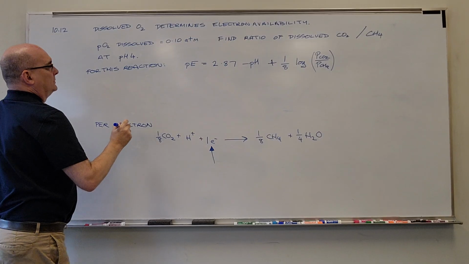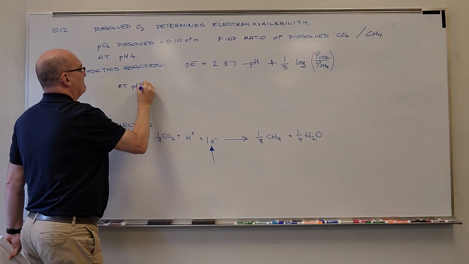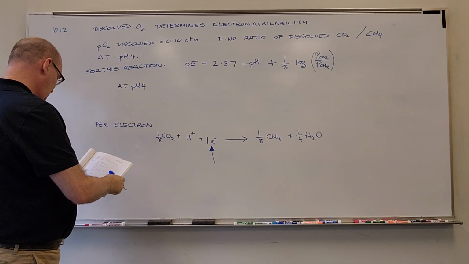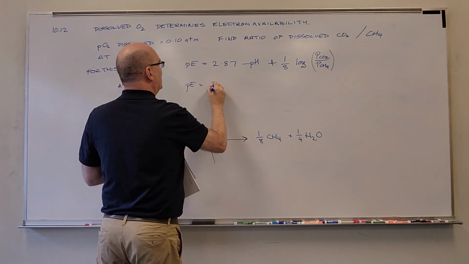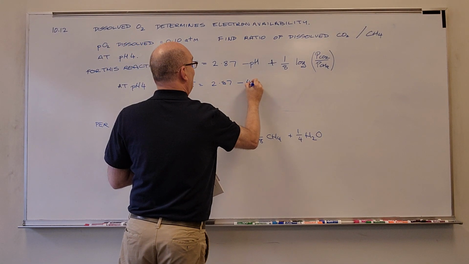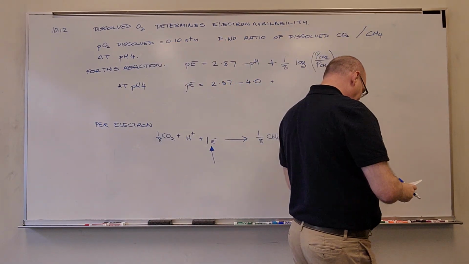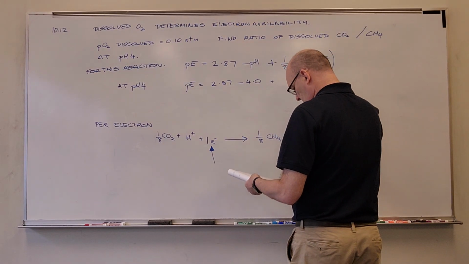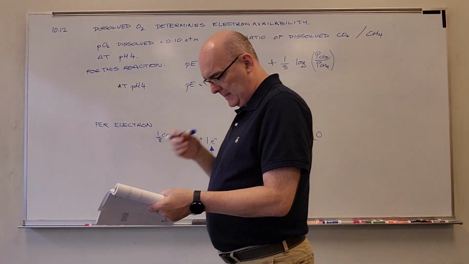At pH 4, PE is 2.87 minus 4 plus 1/8 of the log of that concentration.